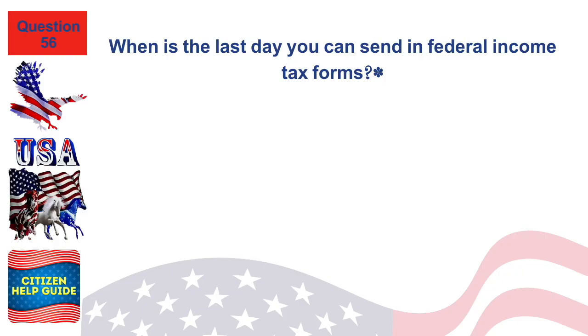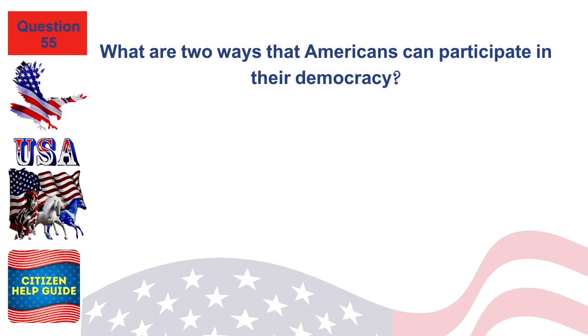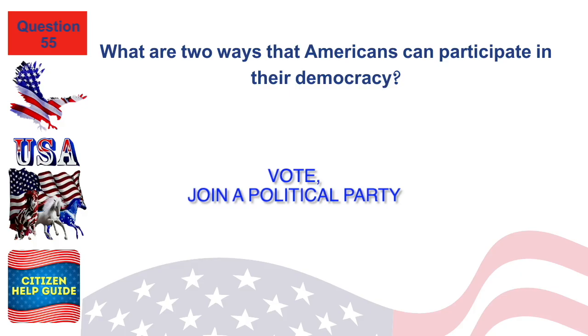When is the last day you can send in federal income tax forms? April 15. What are 2 ways that Americans can participate in their democracy? Vote. Join a political party.